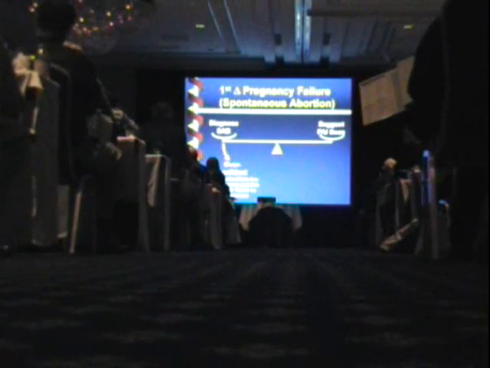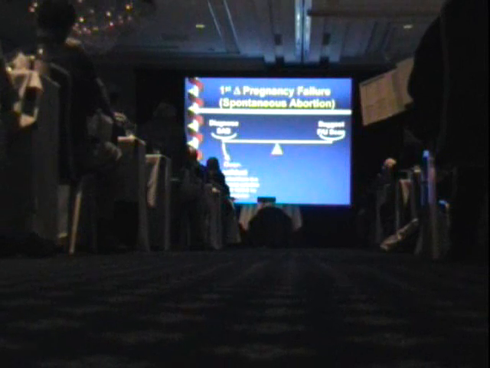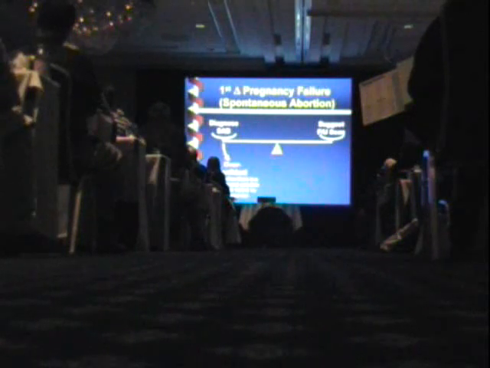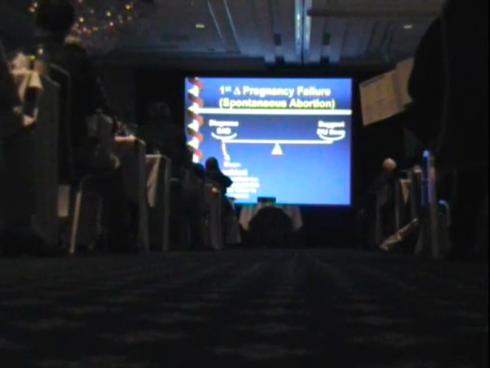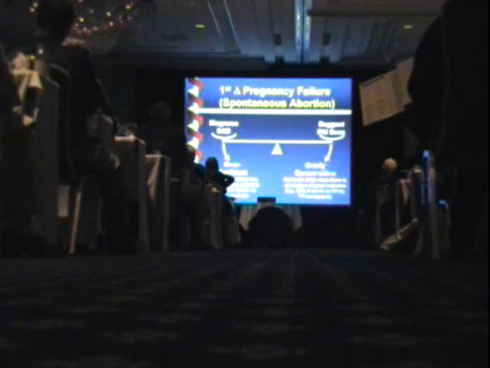If you said this pregnancy has failed, this pregnancy has spontaneously aborted because the gestational sac is not visible even though the beta HCG is 1500, you would be going too far. That's a worrisome finding, but not a definitive finding of early pregnancy failure.